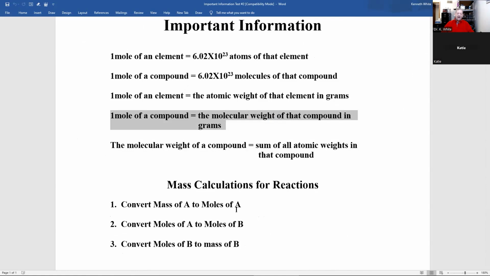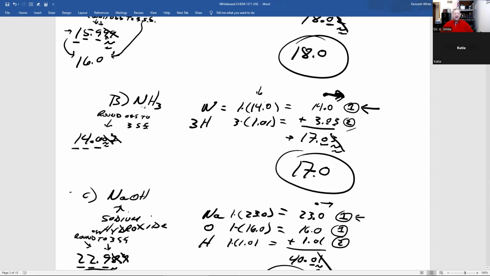So if I need to find 1 mole of ammonia, what do I have to do? Excuse me. You have to find the molecular weight of ammonia. And we did that. NH3, ammonia, the molecular weight is the sum of all atomic weights, and that's 17.0. Therefore, 1 mole of ammonia is 17.0 grams.